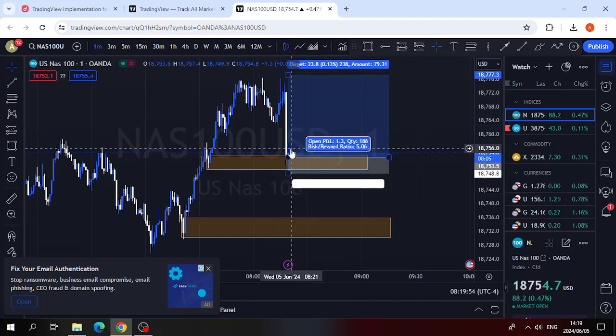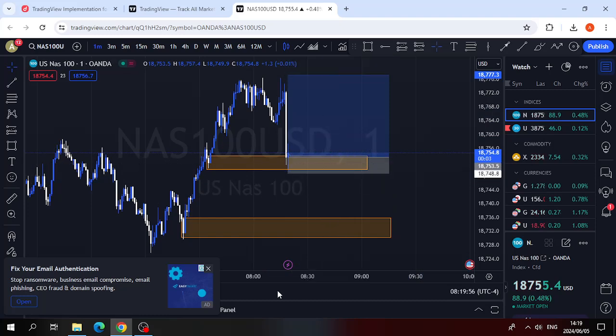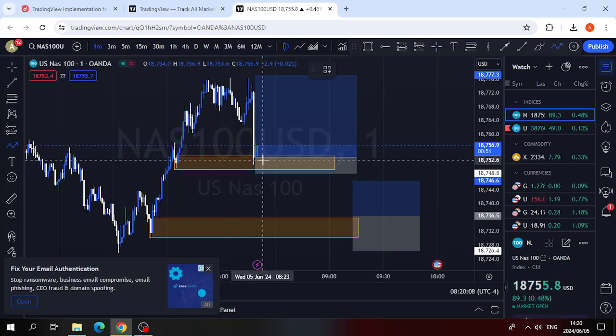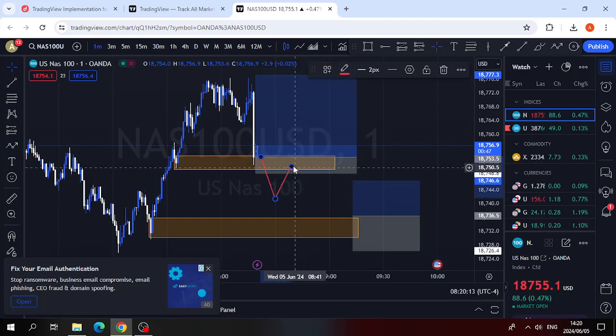Or if it happens that it hits my stop loss here, I'll target the next order block, down here, this level down here. If the market decides to do this, oh, it's actually going up. That's a vibe. If the market decides to do this, what is this thing doing?